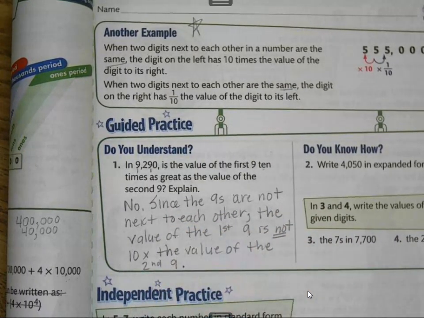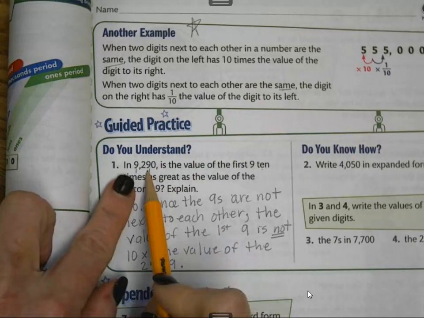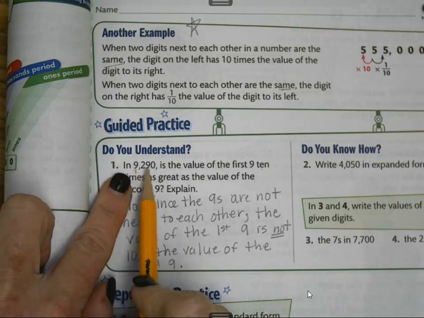All right? They would have to be right beside each other for 9 million to be 10 times, or 9,000 to be 10 times greater than 90.